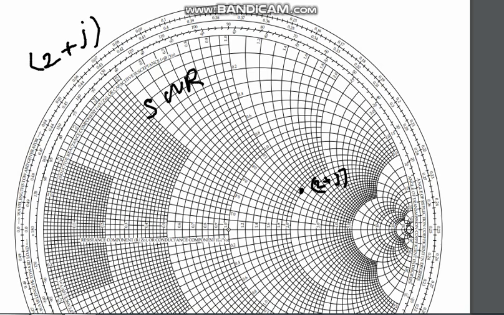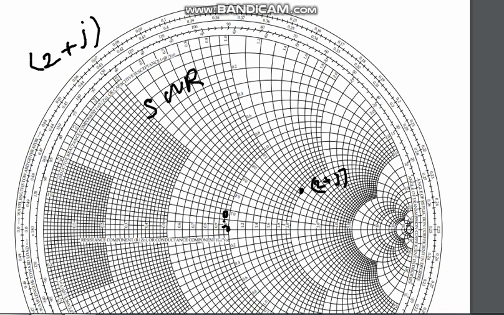SWR? To find the SWR, you have to draw a straight line from the 1.0 line, the circle of radius 1 here.